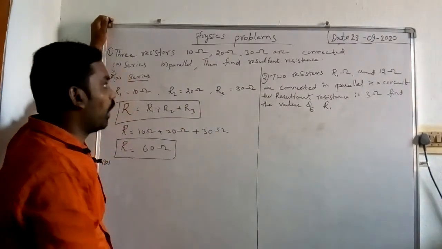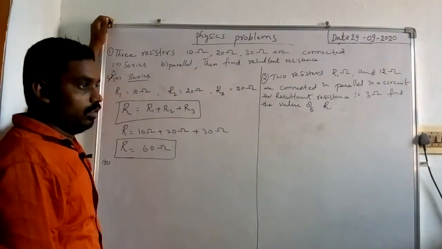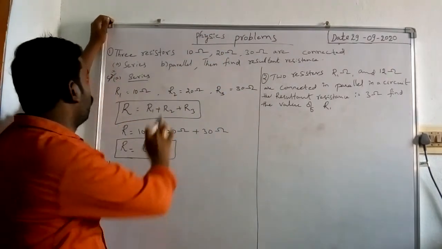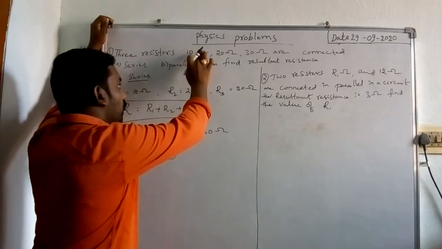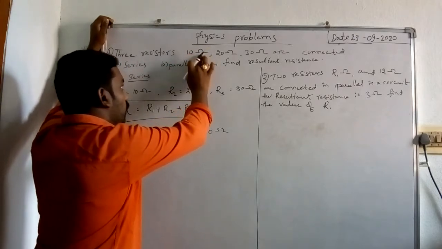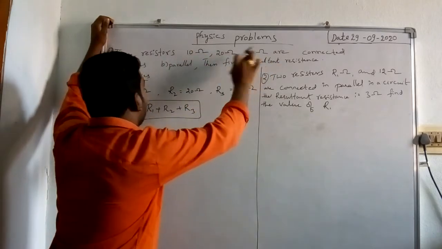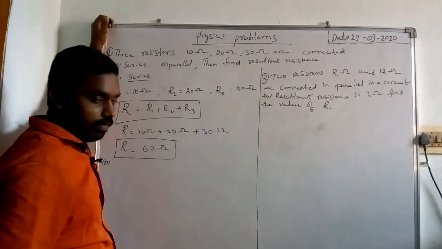By seeing the units only, you have to find what the parameter is. Ohms is the unit for resistance, so these three are the resistances you are given.